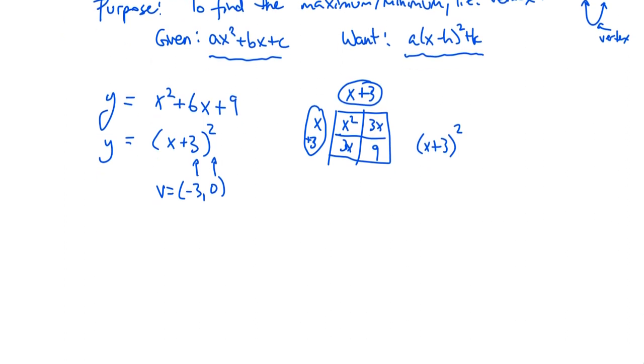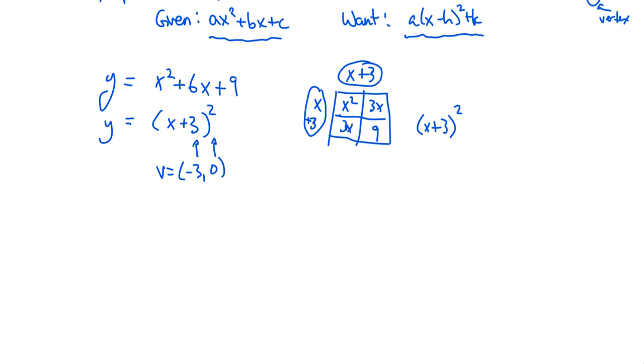So let me try another one. Let's take one that is not a perfect square trinomial. So let's take this one. We know it's not a perfect square trinomial because the one with the 9 was. So I'm going to fill in my area model again.